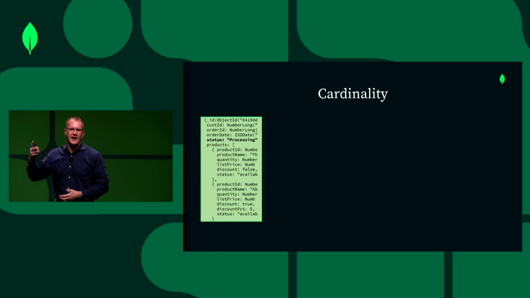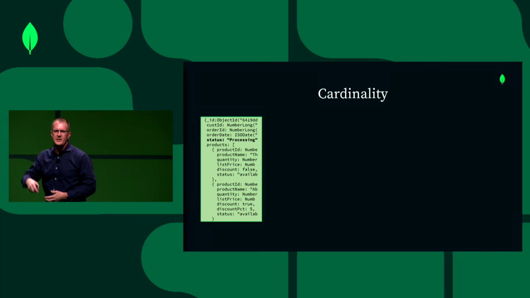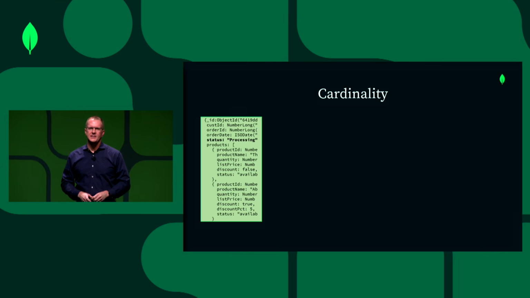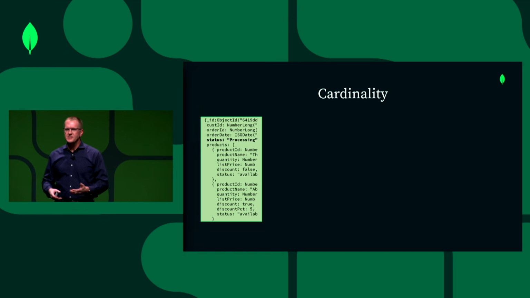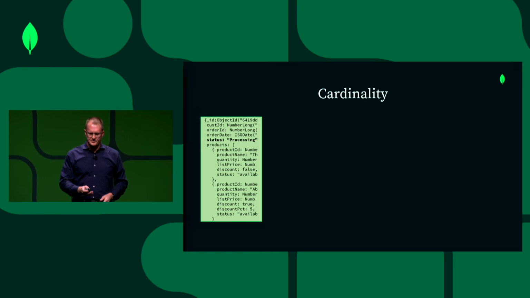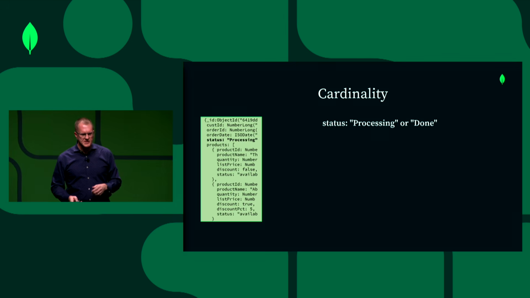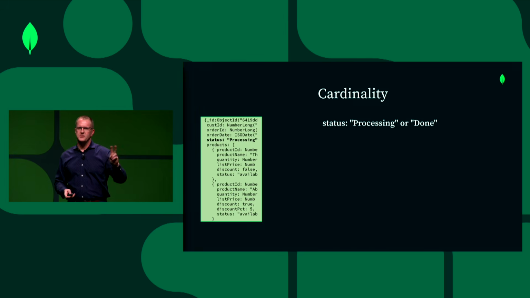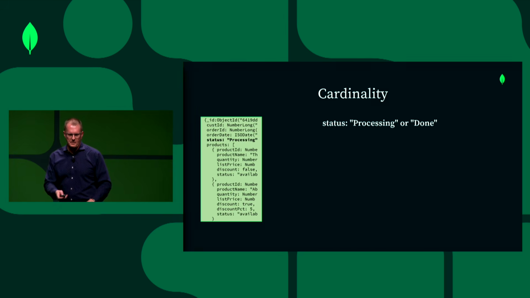That would be 2 values, yes or no. A binary value like that could be incredibly low cardinality. The number of US states is 50, so that's fairly low cardinality. Let's say in our order collection we have status, processing or done. We have only 2 values, so cardinality is very low.